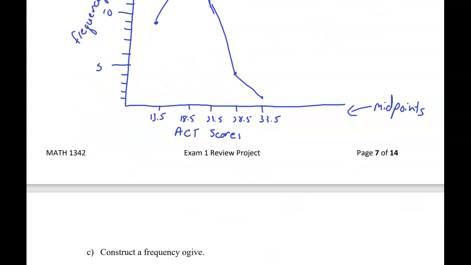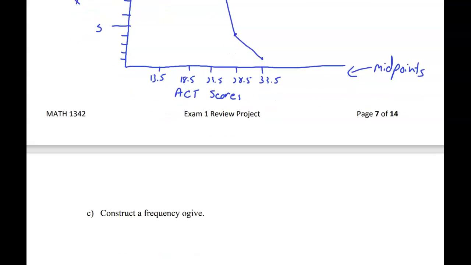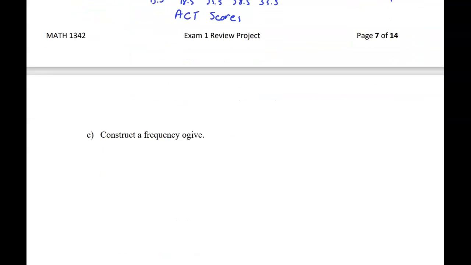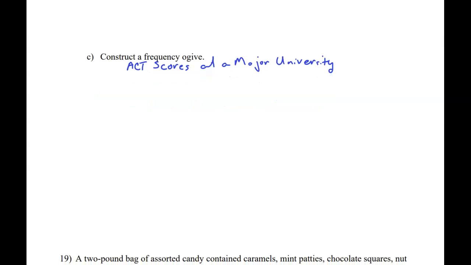Now, the next graph that we want to construct is an ogive. An ogive is still a line graph, and I'm still going to say that my title is ACT scores at a major university, because I'm still talking about the exact same thing. And again, this is still a line graph.